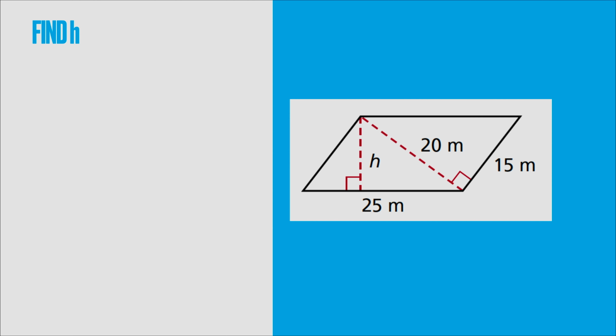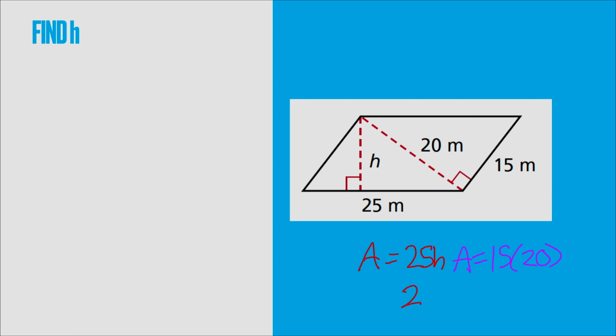All right, let's try another one. In this case, this is going to be the exact same process as before. Once again, area is base times height. So in this case, area is equal to 25h. But we also know that area is equal to, in this case, we could create this figure, the base of 15 times the height of 20.